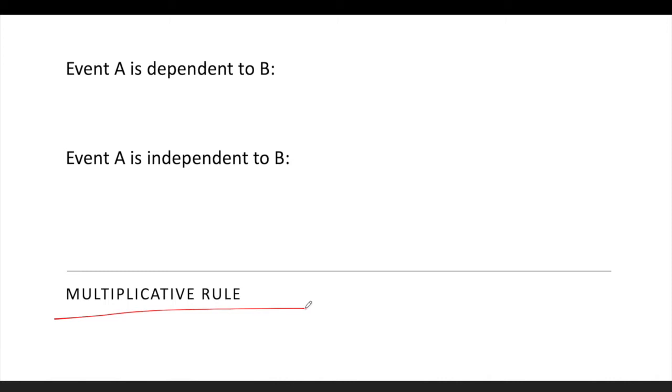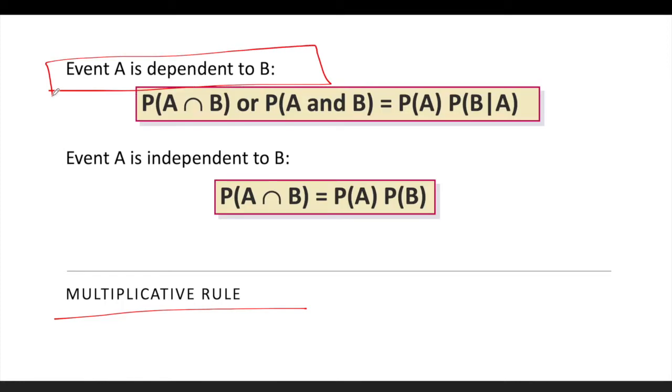One condition is that event A is dependent on B. So it can also be defined as A intersection B, or the probability of A and B, equals the probability of A times the probability of B given A. But if event A is independent of B, then the intersection equals the probability of A times the probability of B.